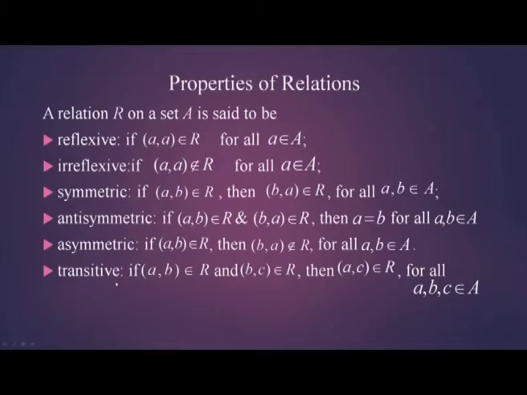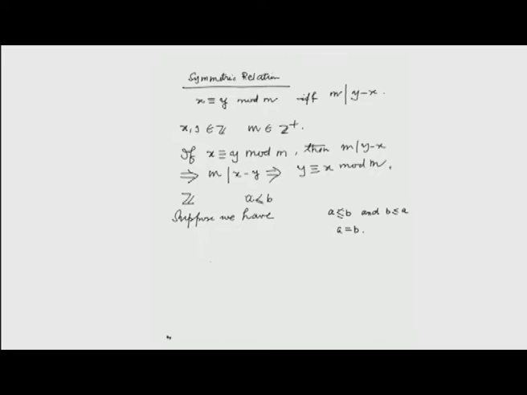The last property that we will study for the time being is called the transitive relation. So, it is like this, that if a is related to b and b is related to c, then a is related to c. And let us look at examples of transitive relations. We can use the relation that we have already studied, that is a less than or equal to b.